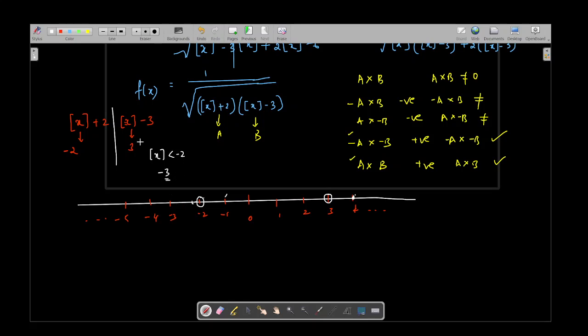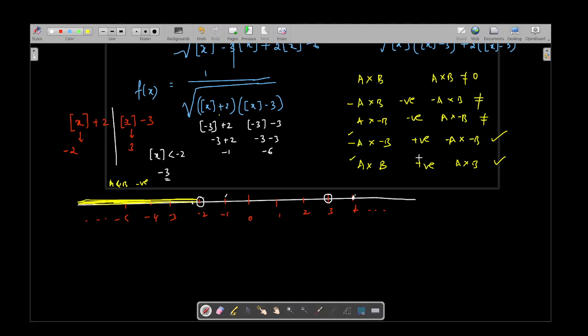If I take minus 3, then minus 3 plus 2 is minus 1, and minus 3 minus 3 is minus 6. So both a and b are negative. So you can take any values from here to here, where both a and b are negative.